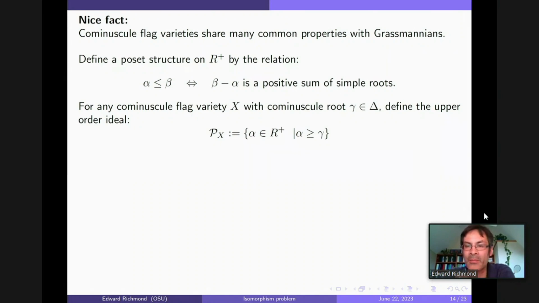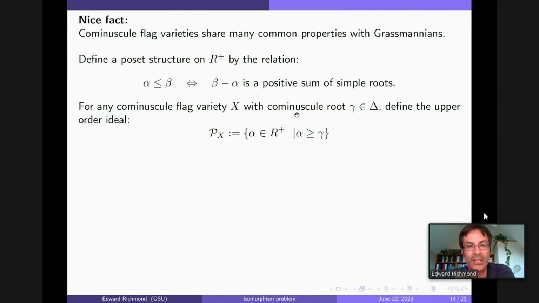And partitions are much easier to work with in a lot of ways combinatorially. And it turns out that co-minuscule flag varieties also have this partition-like indexing of Schubert varieties, and a lot of the properties just pass over. They're really nice.